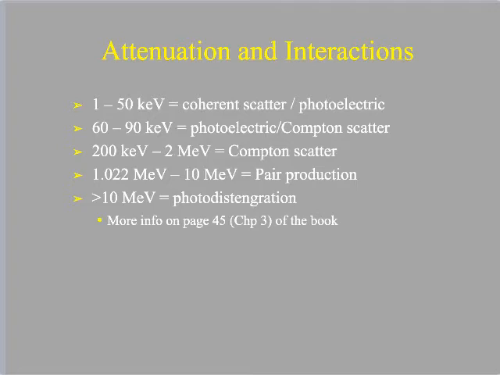Now, where nuke med and our friends in radiation therapy come in is once we get above roughly 1.022 MeV, we have pair production, and that range from about 1 MeV to 10 MeV. We could actually produce pairs of electrons and positrons when the photon interacts with the nucleus of the atom.